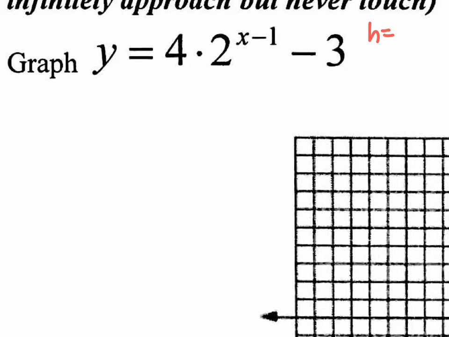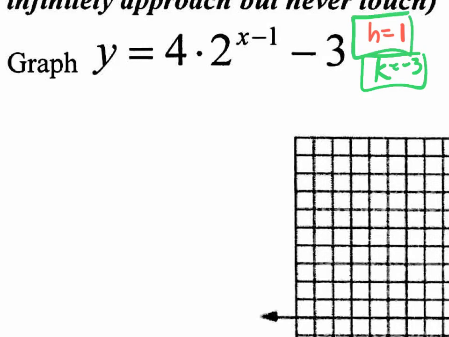So what is your h value? Yes. H is always being subtracted from x, right? It says x minus 1 is a power right here. So your h value, think opposite of what you see here. It's actually positive 1. What's your k value? The k value is negative 3. H value is positive 1.